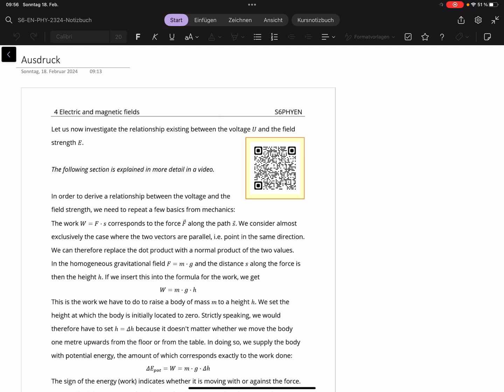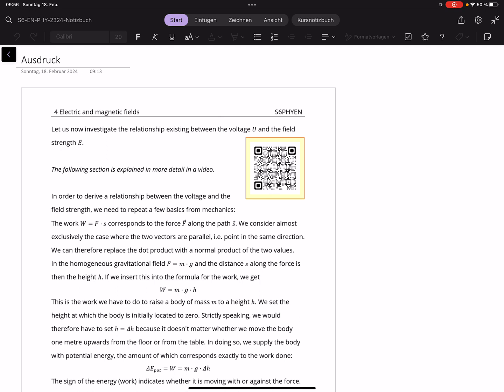But in S5 we have already learned that the electromagnetic interaction or force is a lot stronger than gravitation. So normally, if it is not explicitly mentioned, we neglect the gravitation in the topic that we are dealing with now, electrical fields.